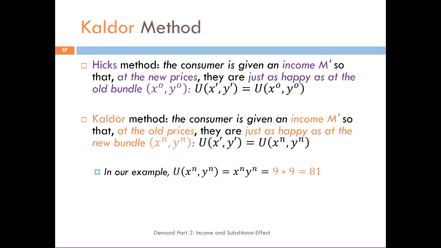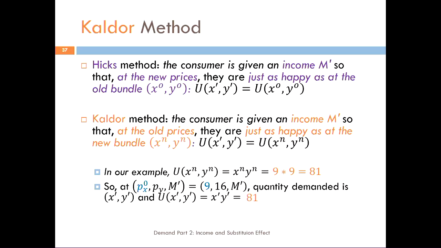So we want to say for this consumer, we're going to give you just enough income such that at the old prices, you would choose the bundle X prime, Y prime such that you have a utility of 81. So what income level is that? What's the N prime?